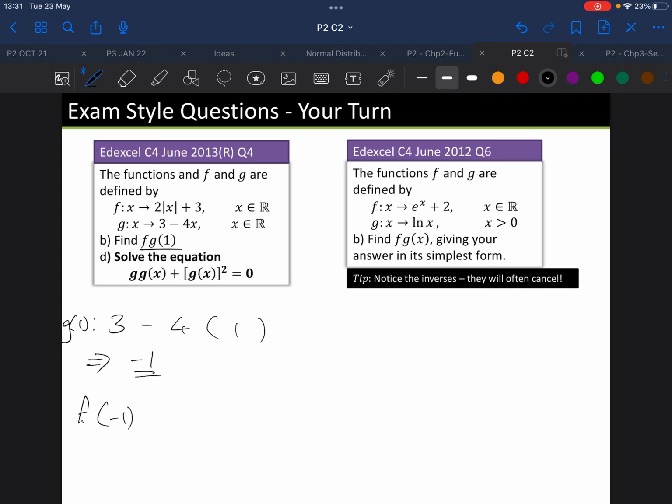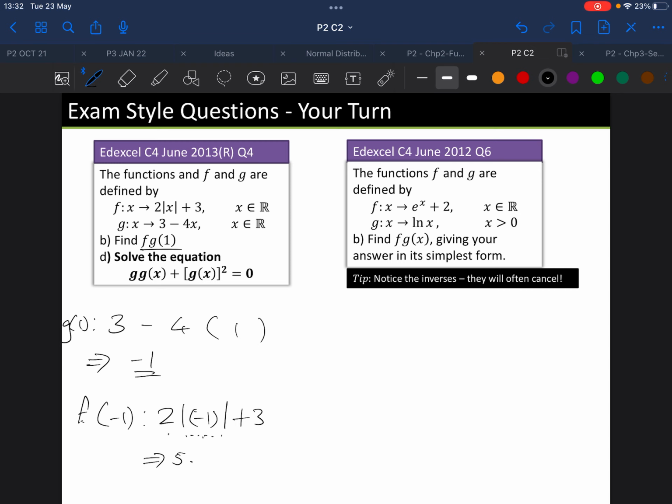So f of minus 1 is 2 modulus minus 1 plus 3. Modulus, this bit here, just means you take the positive number. So what's the positive version of minus 1? It's 1. So 2 times 1 is 2, plus 3, it's 5. Okay, that's all you need to do.